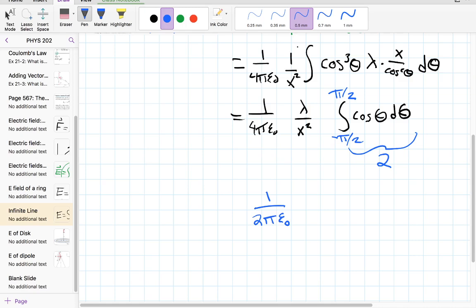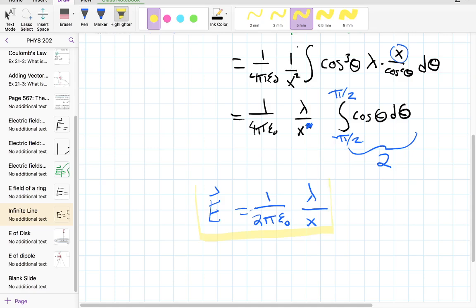This x times that x should have given us a 1 over x. It's equal to 1 over 2 pi epsilon naught lambda over x. And that is equal to the same answer we got last time, when we did it as a y integration: lambda over 2 pi epsilon naught times 1 over x.